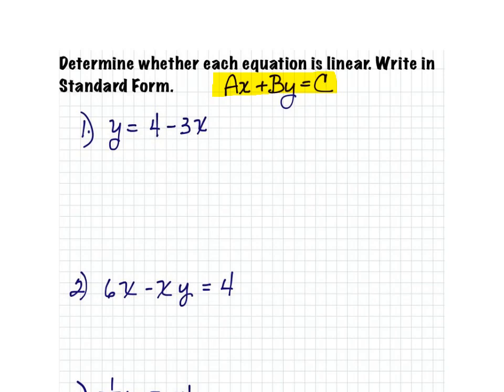So let's go ahead and remove 3x from the right-hand side of the equation by adding it, and let's add it also to the left-hand side. Whatever we do on one side, we have to do to the other. Okay, we cannot combine y and 3x, so we will bring them down as separate terms.